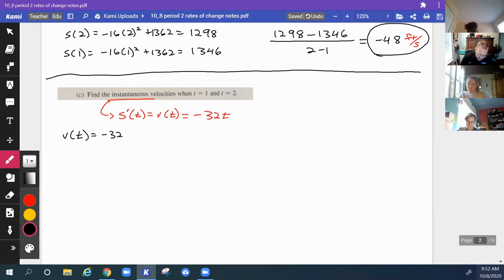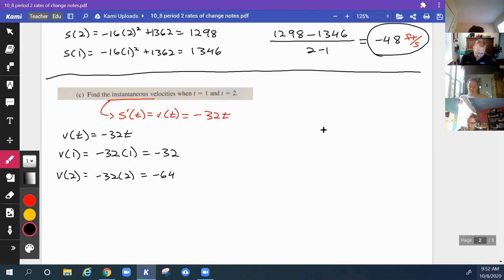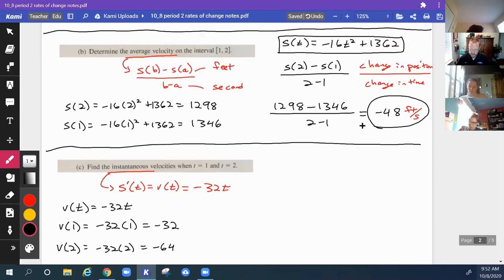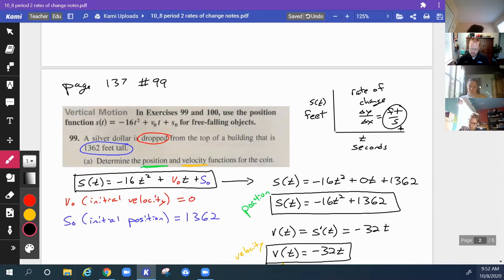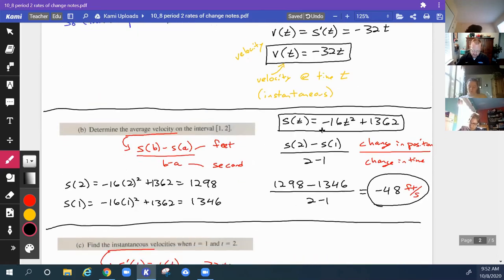So v of 1 is negative 32 times 1, which is negative 32. v of 2 is negative 32 times 2, which is negative 64. Remember that these have units, and those units are rates of change or velocities, in this case feet per second.